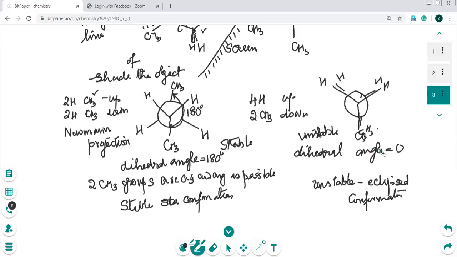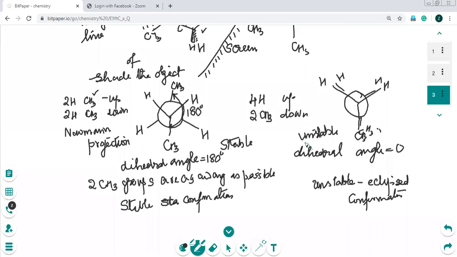This is because of the interaction between the bulky groups, due to interaction between these two CH3 groups. So that is the steric effect on the conformation of a molecule. An example of steric effect on the conformation of a molecule.